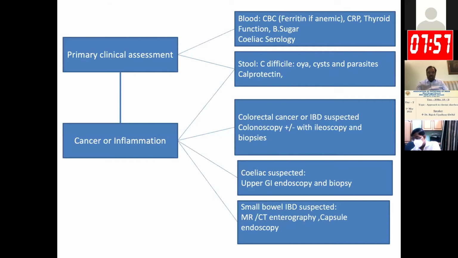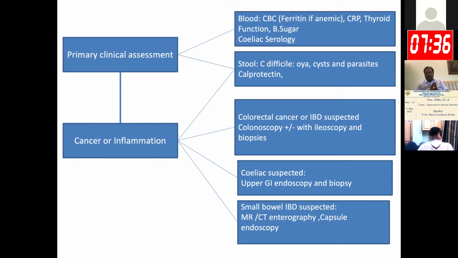So, in the primary clinical assessment, once you are faced with a patient who has chronic diarrhea, I think common tests that need to be done are CBC, C-reactive protein to look for inflammation, the blood sugar, and particularly thyroid function test.